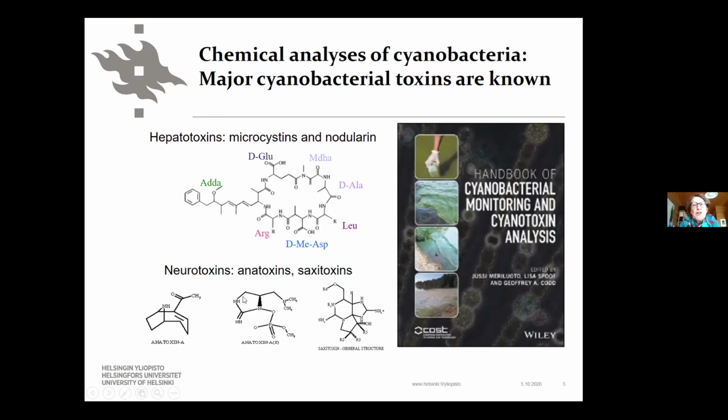Since these are neurotoxins, they block neurotransmission in one way or another. Anatoxin-a is very prominent in preventing neurotransmission. The same is true of anatoxin-a(S) and also saxitoxins.